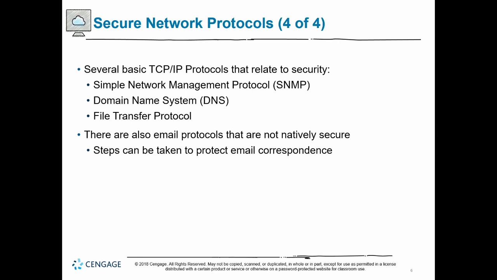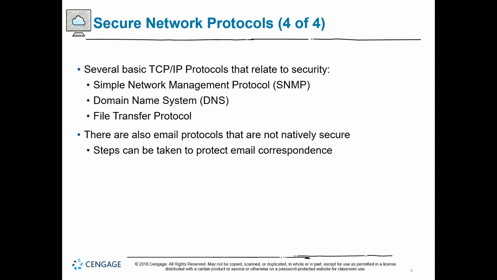There are also email protocols that are not natively secure. Steps can be taken to protect email correspondence. For email protocols, we talk about SMTP. SMTP is used to send emails, which is on port 25. To receive emails, you can use either IMAP or POP. POP3 is on port 110.